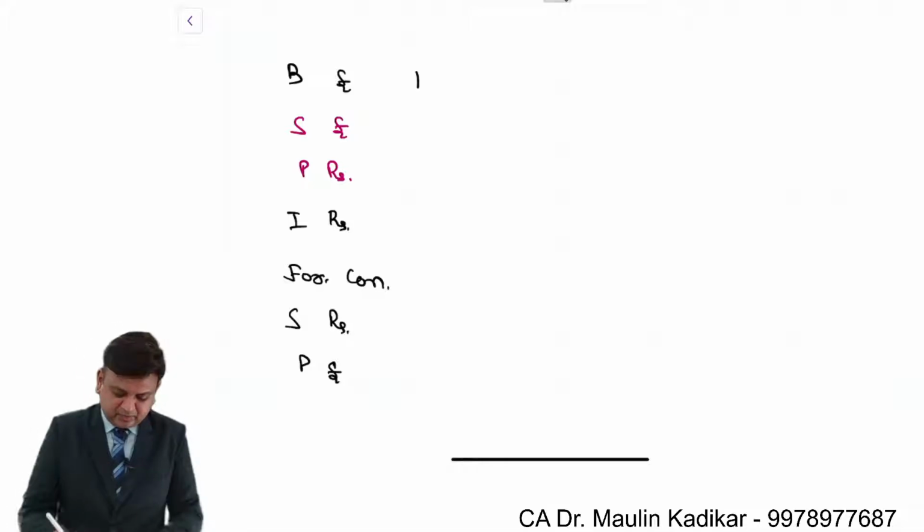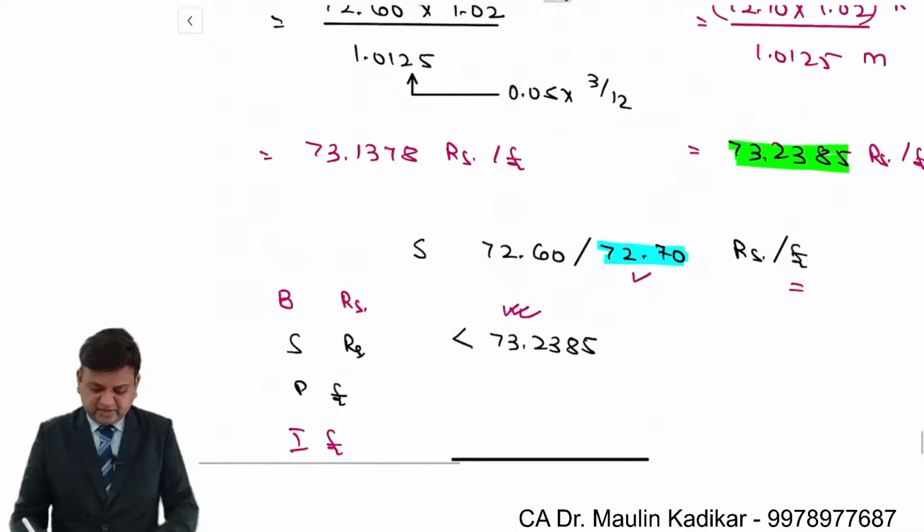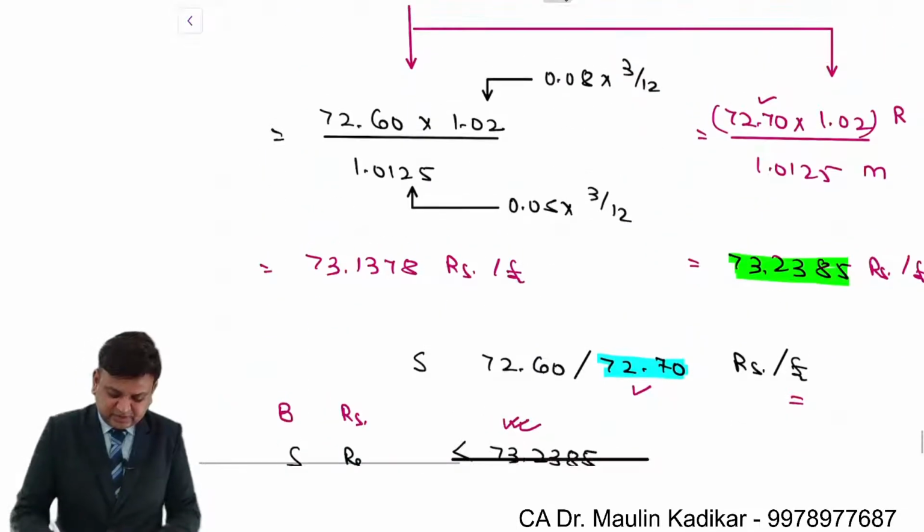You have borrowed 1 pound. You have made investment in 70.60 rupees. So we understand and say this is the maturity amount of deposit and this is the repayment of the loan.